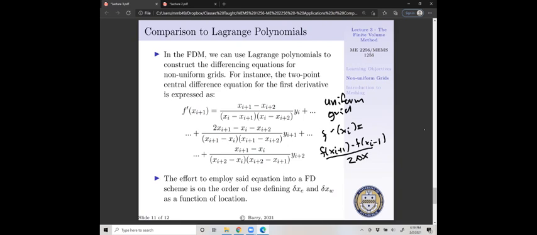So for a uniform grid, our 2-point central difference is really easy.